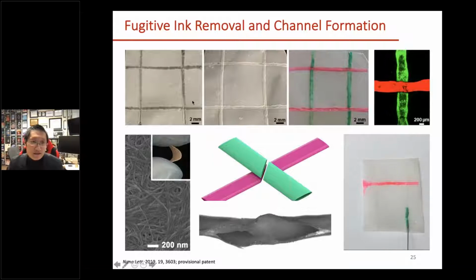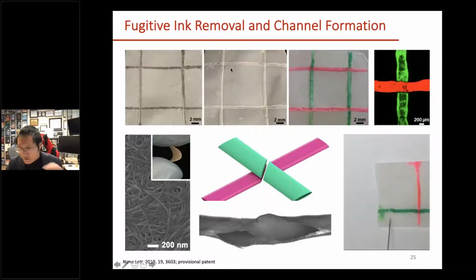Because they are paraffin-based, you can increase the temperature to melt them and selectively remove the paraffin templates from the paper device. Now you can create perfusible microchannels, with multiple layers and all different configurations as you wish.